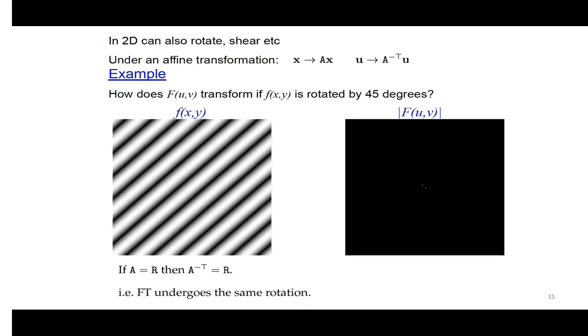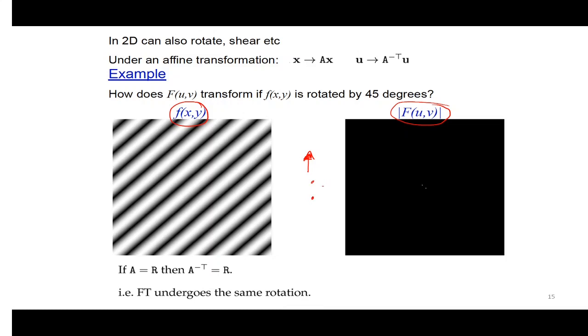Now another very important property is, suppose you have f of x,y and you have rotated it, what would happen to the Fourier transform of it? Had it been, for example, something varying in the y direction itself, where you have only ky, these points would have been like this.